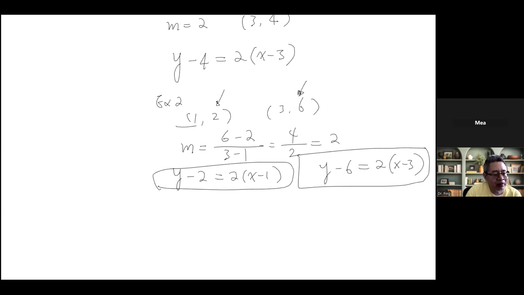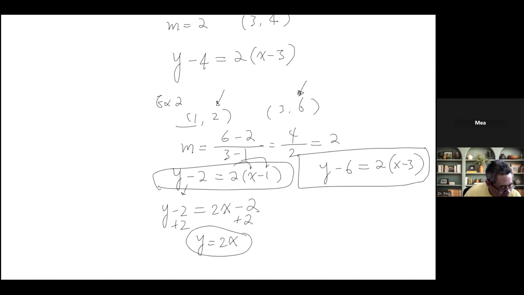So one thing we can do to prove that they are the same is to convert this to slope-intercept form. You can see that on this side, y minus 2 equals 2 times x, so 2x minus 2. Then we add 2 on both sides, and we get y equals 2x. Okay, that's our slope-intercept form.